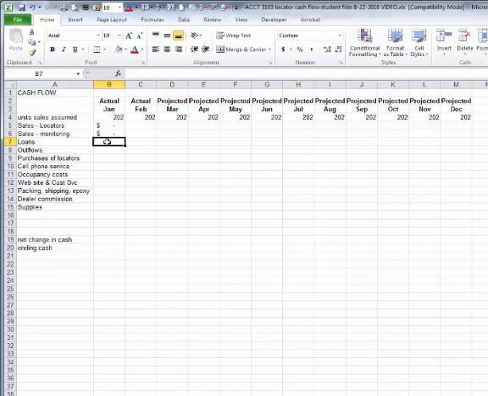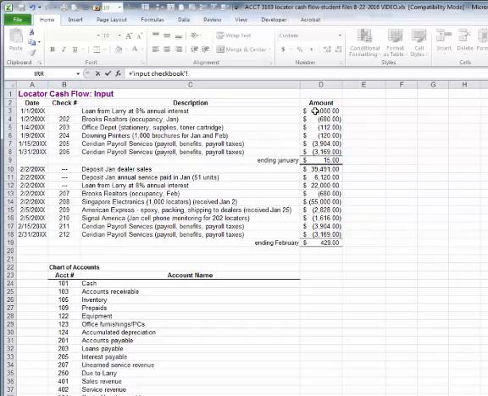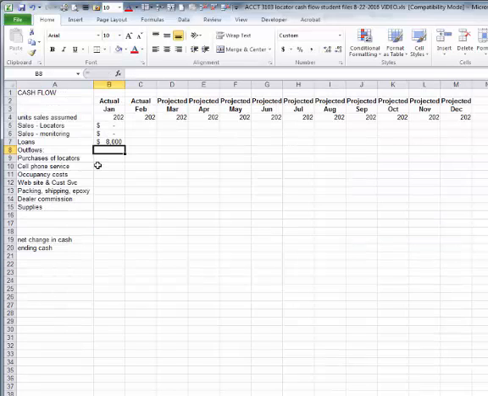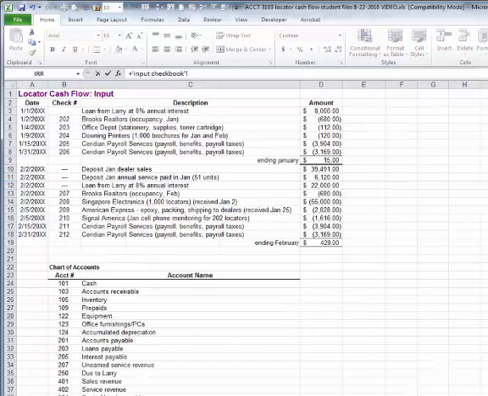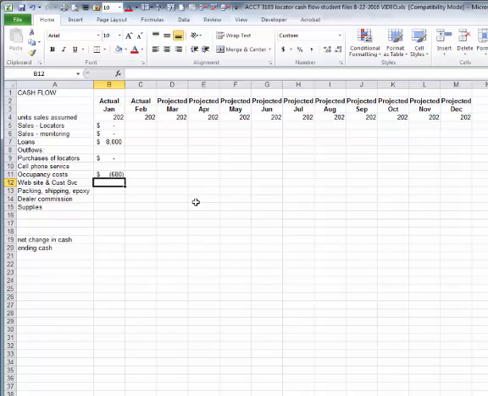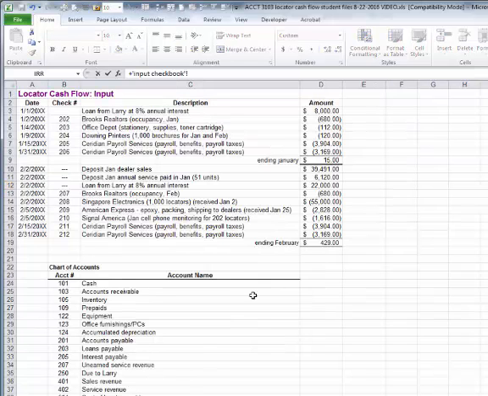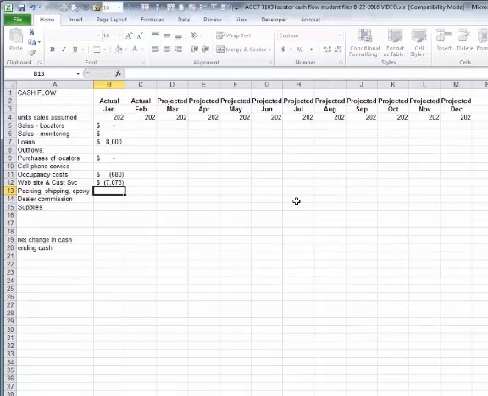All right, January, we did have a loan. What was it? Inflow, and then there was no purchase of locators. Alright, so I didn't pay for that till February.